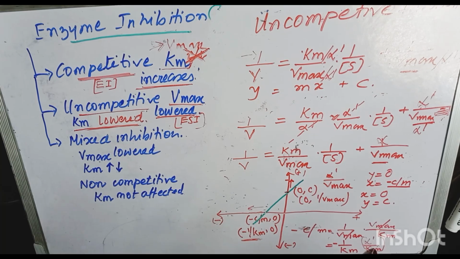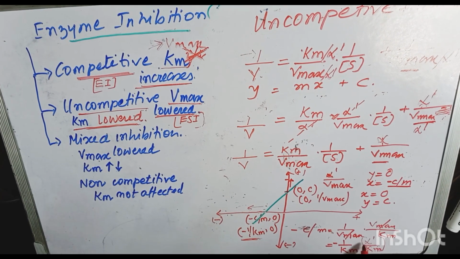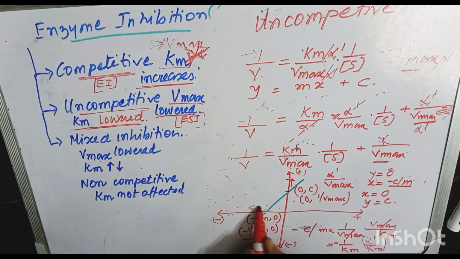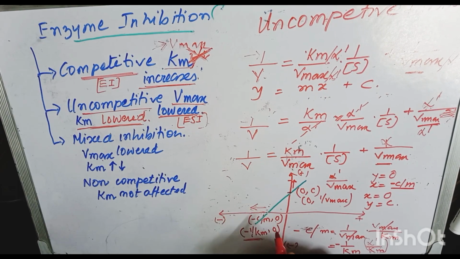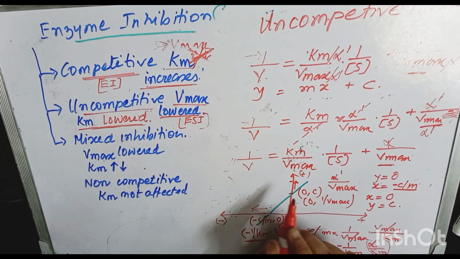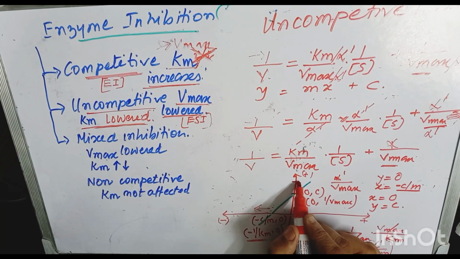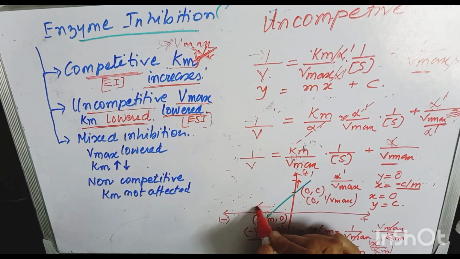The shift is by this factor alpha dash, just like Vmax, the shift is upwards, and the same displacement for Km for this point.